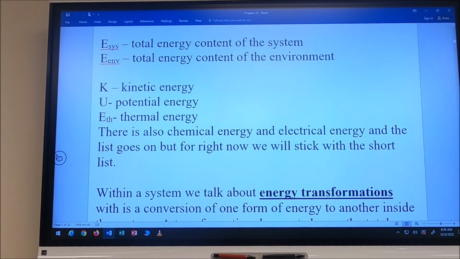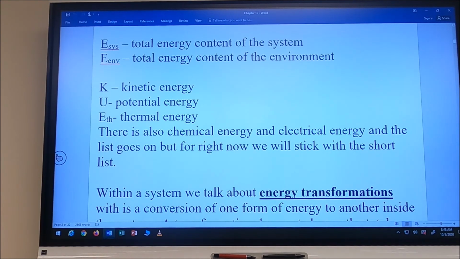We can also talk about chemical energy and electrical potential energy, and we can talk about radiant energy. There's all kinds of things, but for right now, we're going to stick with kinetic energy, potential energy, thermal energy, total energy of the system, total energy of the environment.